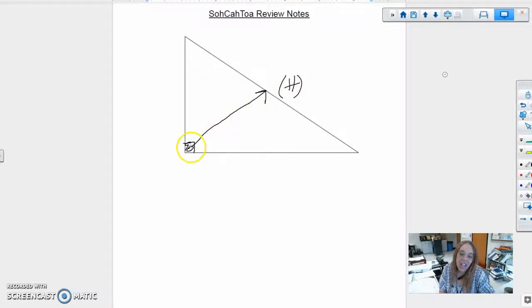It's the line that is directly across from your right angle. That's also what you're going to use for each of these H's inside Sohcahtoa.